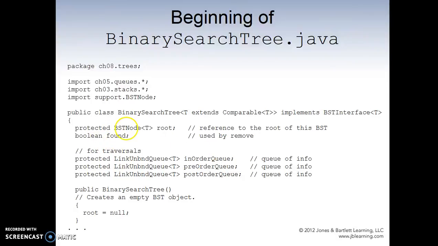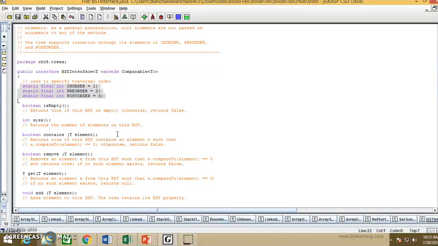When they do contains, they just set found to true. Or before you remove, you have to call contains, so they're pretty much sharing the found attribute here. Then we can remove. If you look at the interface of contains, you can return true too.